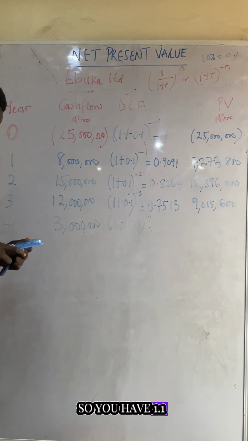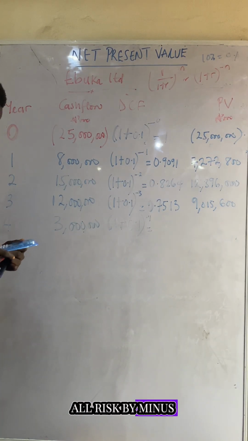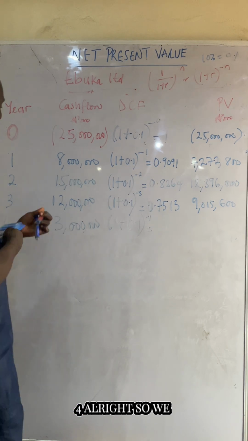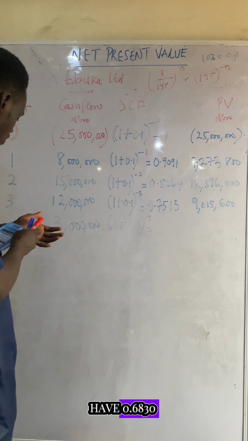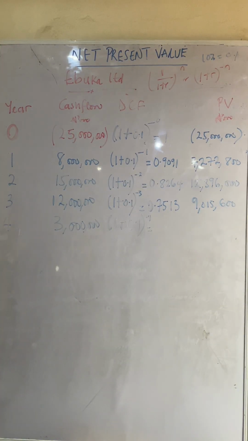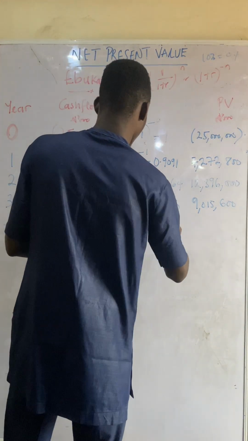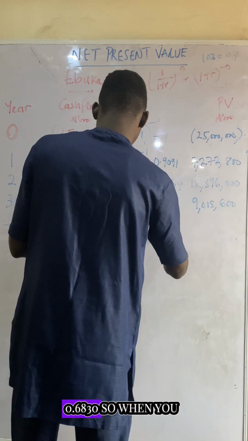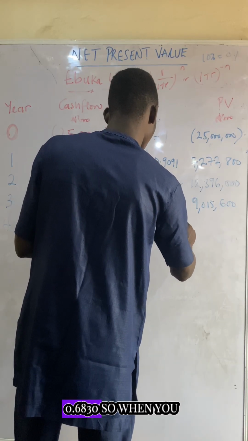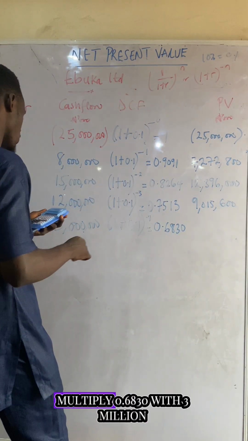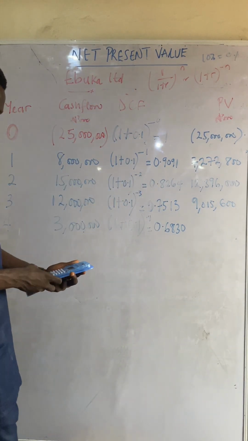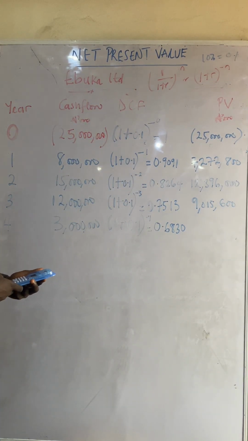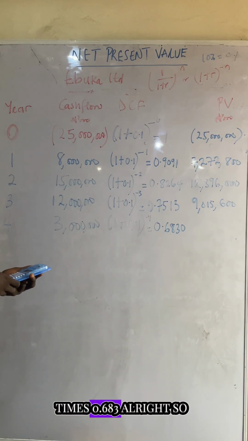So you have 1.1 all raised power minus 4. All right, so we have 0.6830. So when you multiply 0.6830 with 3 million, what do you have? 3 million times 0.683.